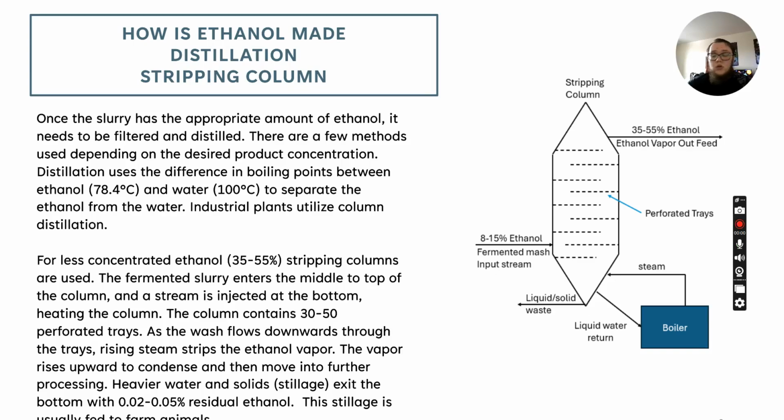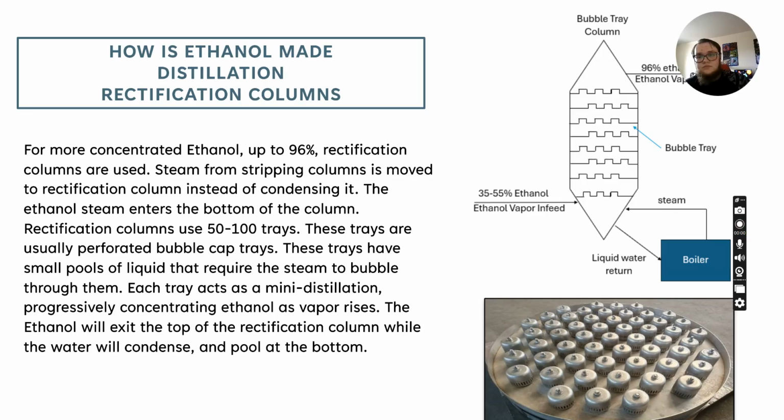Heavier things will condense and get to the bottom, and we will have some liquid and some solid waste. Solid waste has a little bit of residual ethanol, but not enough to make the process bad. Distillage is then fed to animals and other biofuel purposes.